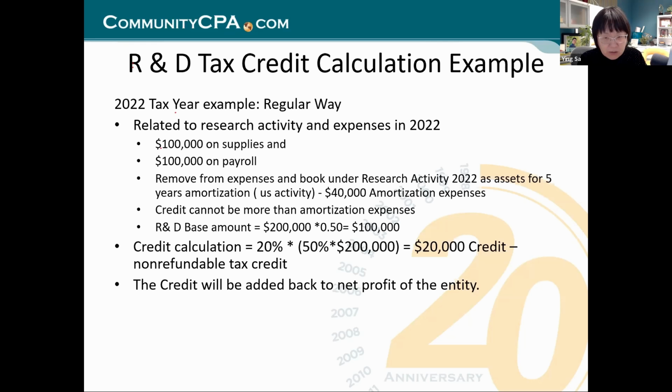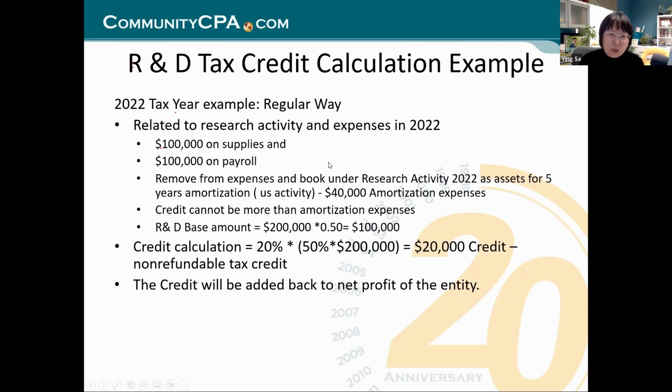Now you're going to put this $20,000 back into the loss, so you break even. They want that number to go back as profit, but they are not saying that it's a tax credit. So when they add it into the profit, you can pay income tax on it. But in this case, if you already had a loss, you add the $20,000 back, you still don't pay taxes. So your $20,000 tax credit here should be used against your payroll. Make sense? So that is one example.